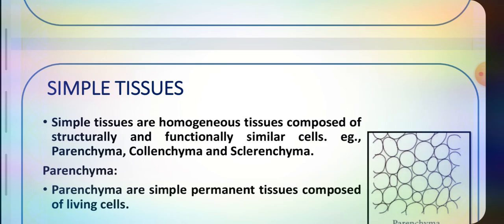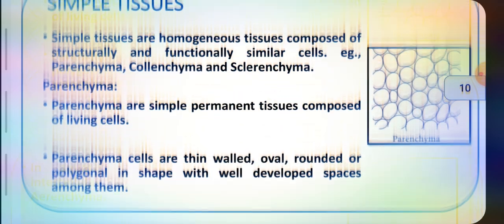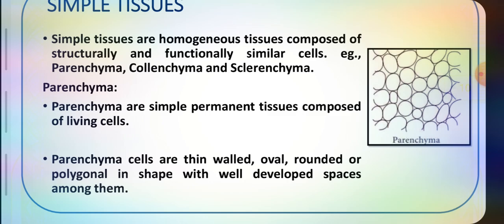What are the examples for simple tissue? There are three different types of simple tissues: parenchyma, collenchyma, and sclerenchyma. What is parenchyma? Parenchyma are simple permanent tissues.